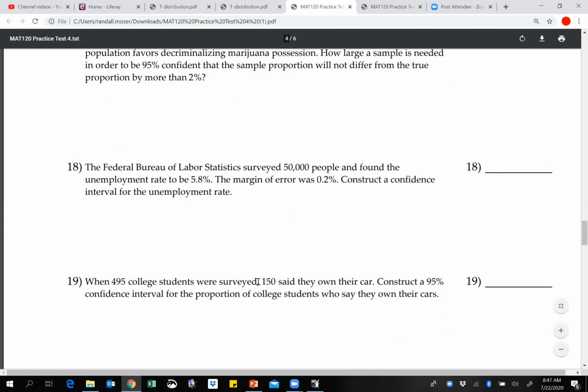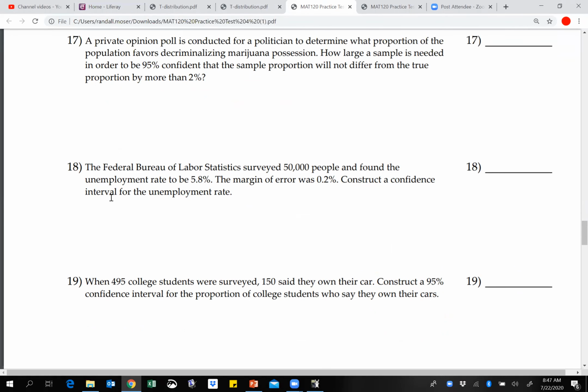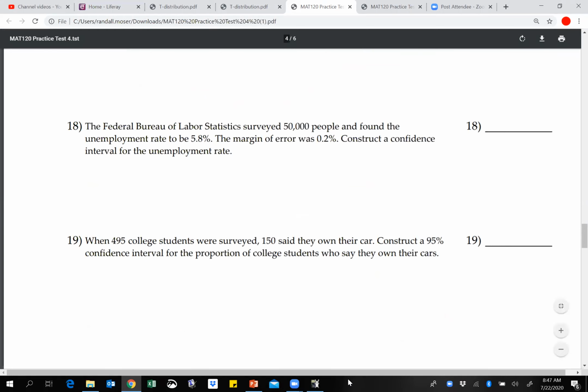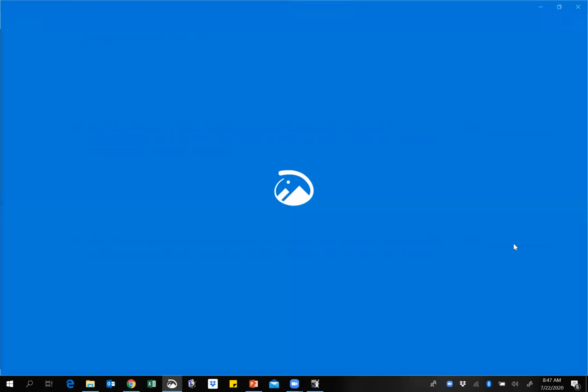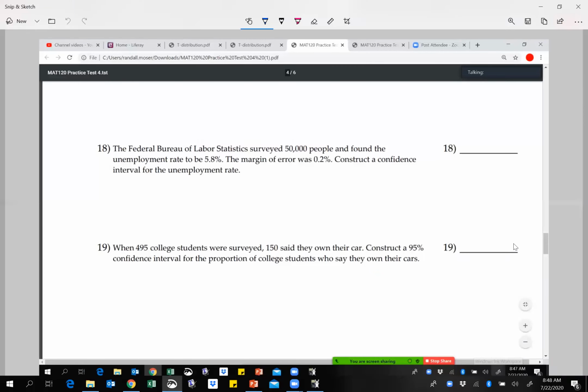The next batch of problems are all about finding confidence intervals for proportions. And I think sometimes the numbers will throw students off. In question 18, the sample is of size 50,000. And what we're trying to do here is get a handle on the true unemployment rate.